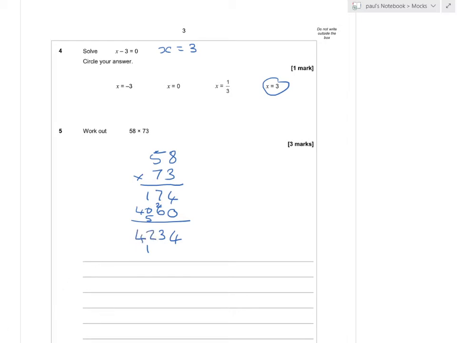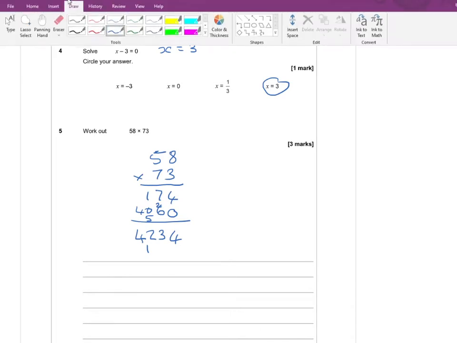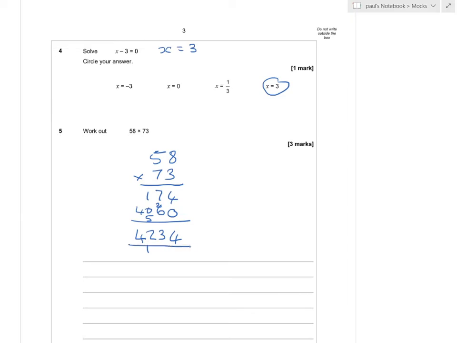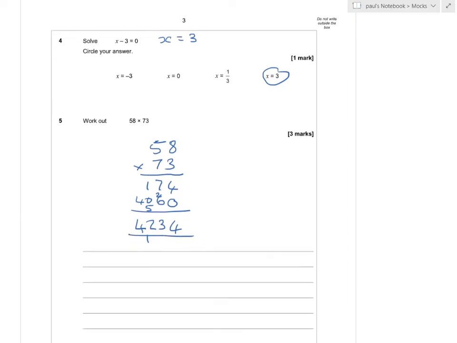So we've got there now. I don't know, have I got that wrong? 4, 2, 3, no, of course I haven't. Alright, 4, 2, 3, 4.